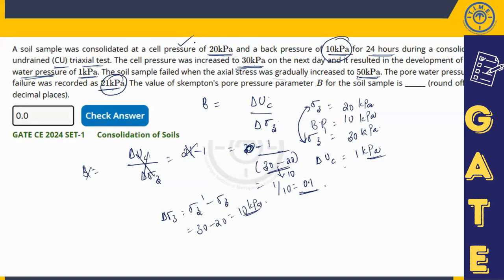Axial stress causes shear deformation, volume change tendency, and pore pressure generation due to shearing, but none of that is used in the calculation of B. Therefore, in B we only use the change in pore water pressure when the cell pressure changes, that is B equals delta UC by delta sigma 3. I hope it is very clear.